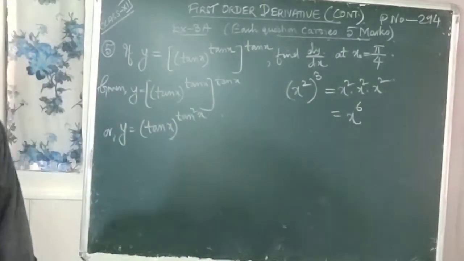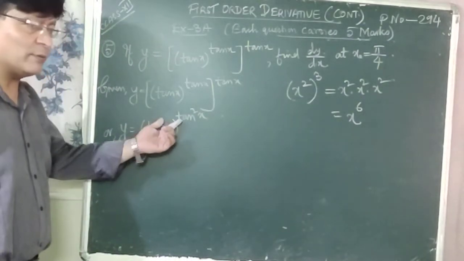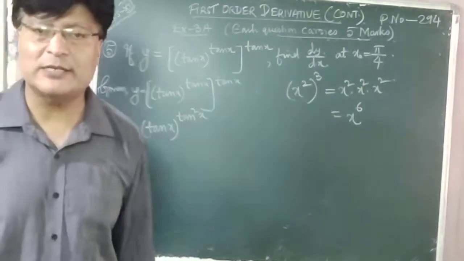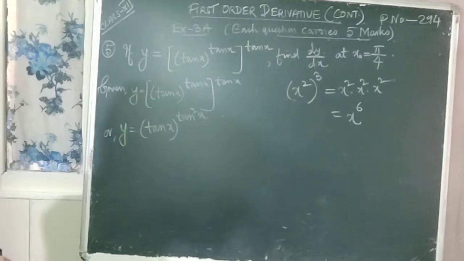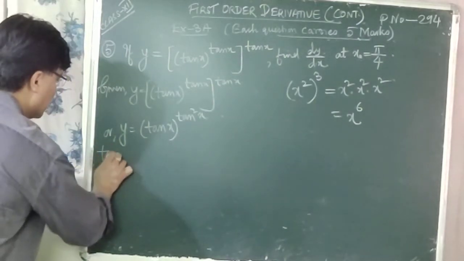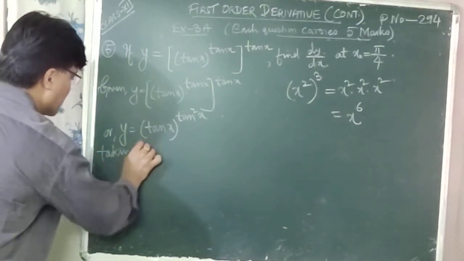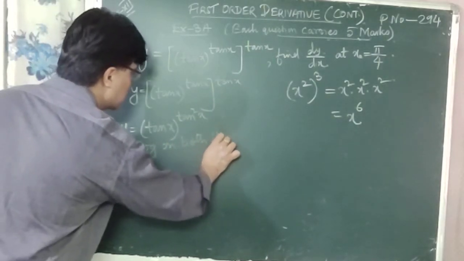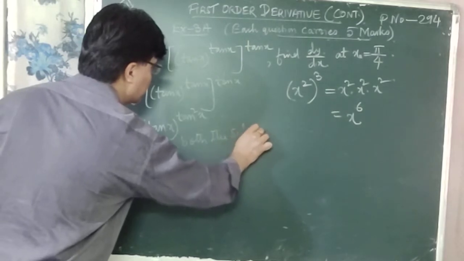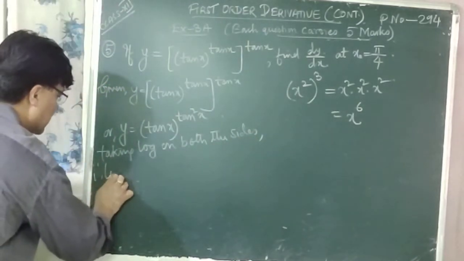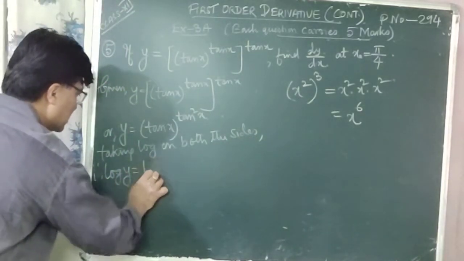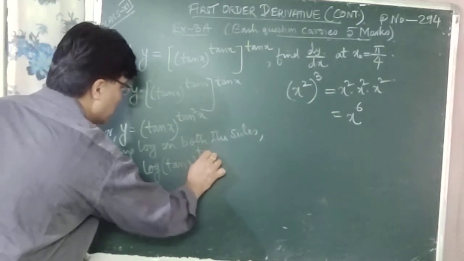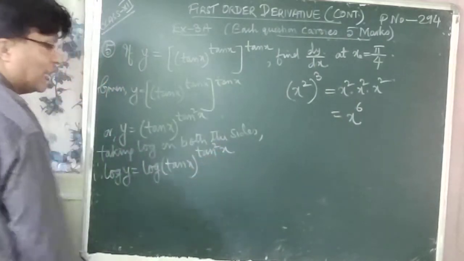Okay. Now here also the base is a variable, and the power is also a variable. Both are variables here, so you cannot differentiate it directly. You have to take log on both the sides. So taking log on both the sides, what do we get? This is log y is equal to log of tan x whole to the power tan square x.